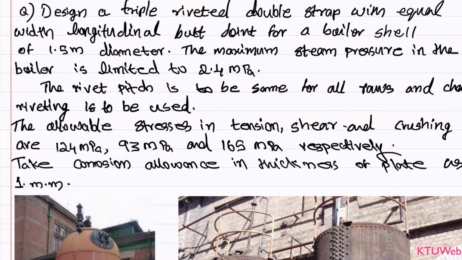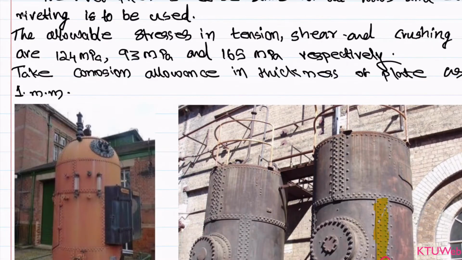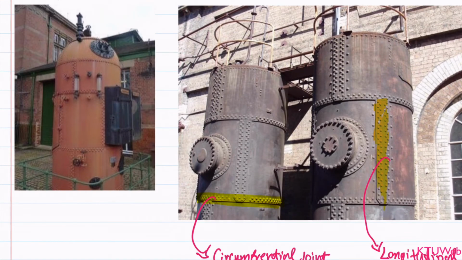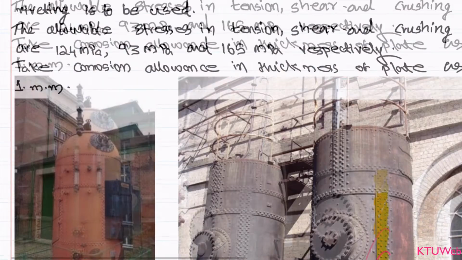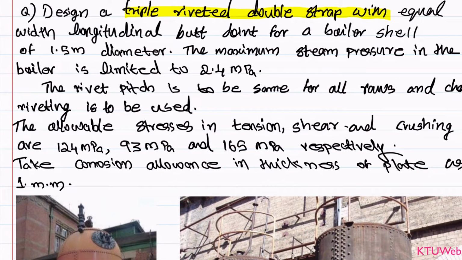The first one is the type of rivet. It is a triple riveted double strap with longitudinal joint. That is what we are going to solve, and this is what the longitudinal joint as we discussed. And then we have another extra information which was not available in the previous question, that was the diameter of this shell.